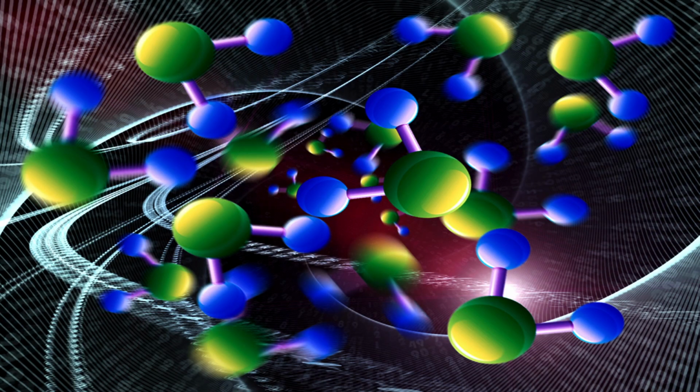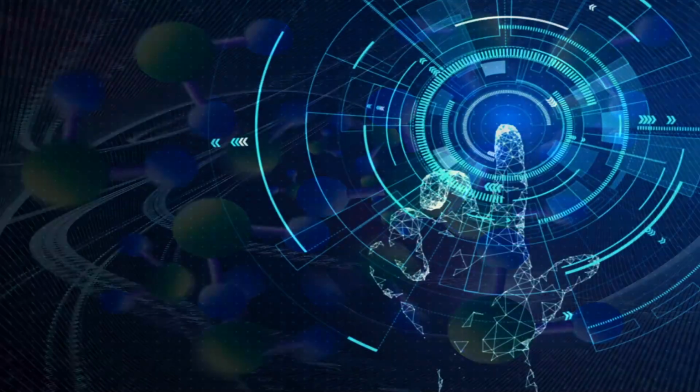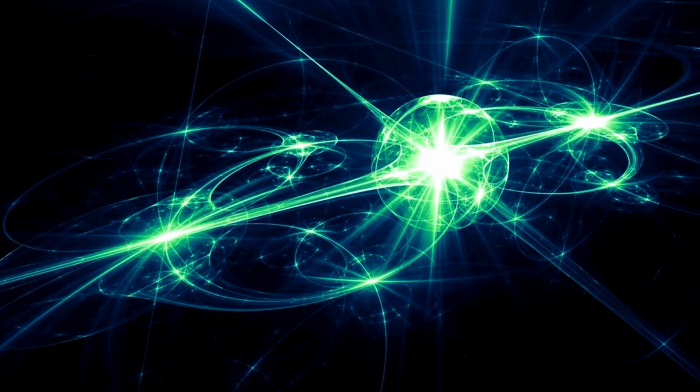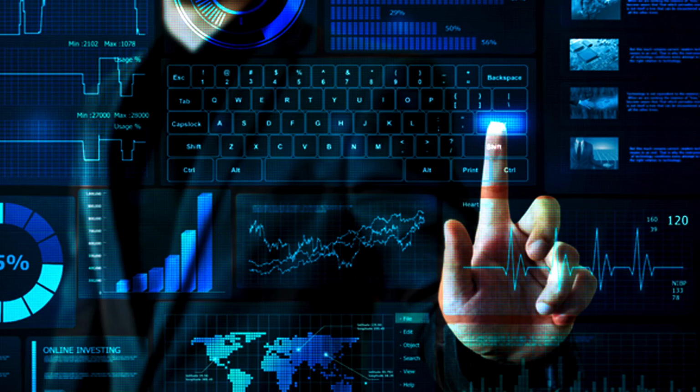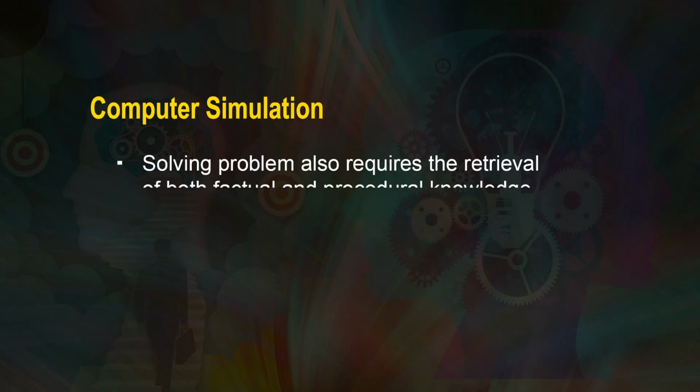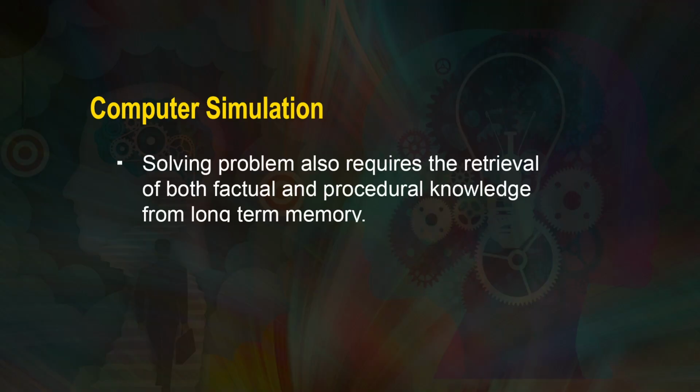A problem requires a person not only to register information from the environment, but also to operate on, modify or transform that information in some way in order to reach a solution. Solving a problem also requires the retrieval of both factual and procedural knowledge from long-term memory.